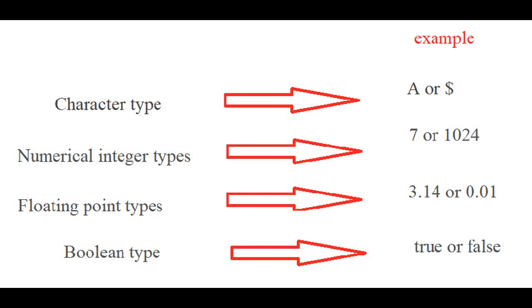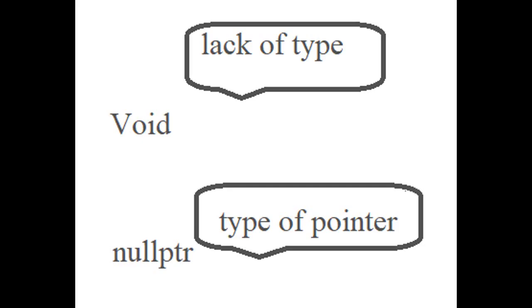If the size or precision of the type is not a concern, then char, int, and double are typically selected to represent characters, integers, and floating point values, respectively. The types described above, characters, integers, floating points, and Boolean, are collectively known as arithmetic types.